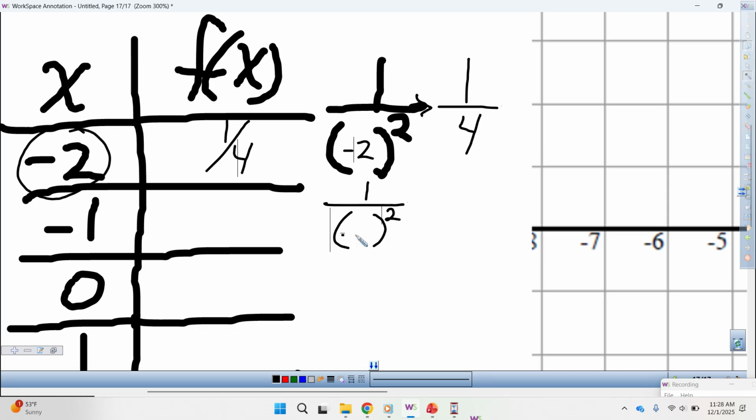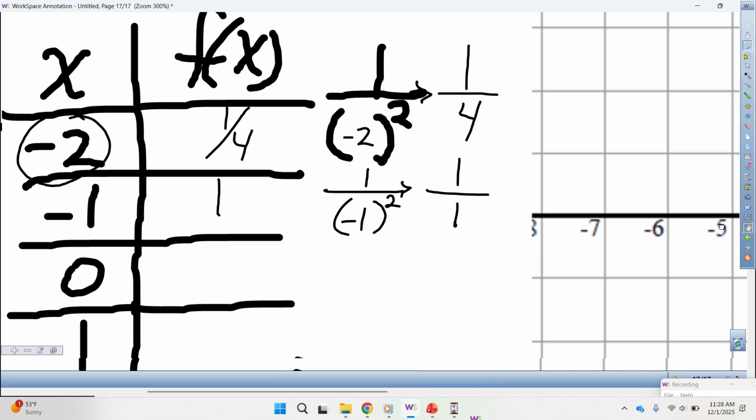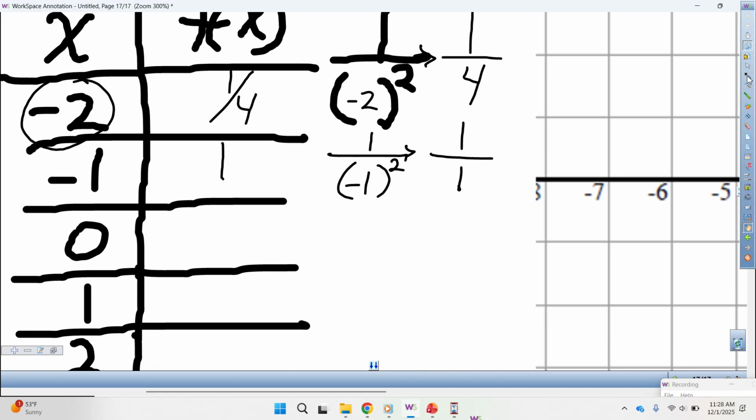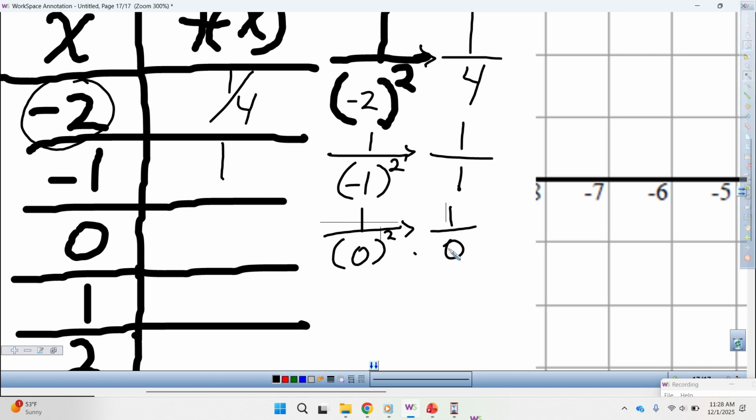My next value is -1. -1 times -1 is 1. 1 over 1 is 1. Let's do it again now for 0. 1 over 0. Could we have 0 in the denominator? No. You write undefined.